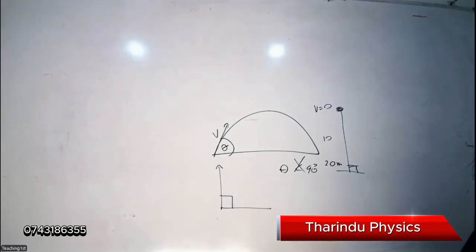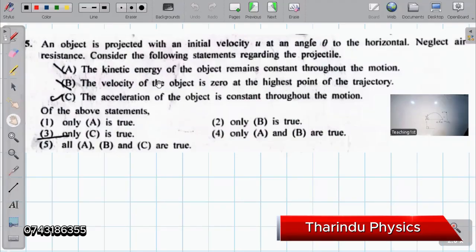So there is a controversial point. According to the answers given here, the velocity of the object is zero at the highest point of the trajectory. Yes, it can be, my dear. The acceleration of the object is constant throughout the motion. Yes, that is correct. According to these answers given, only C is true.